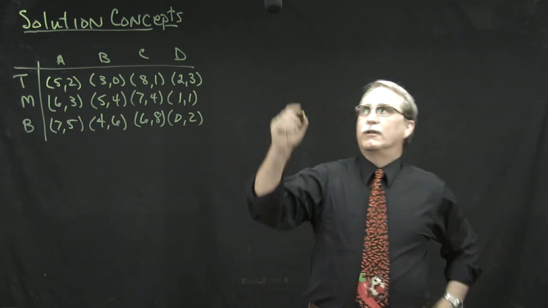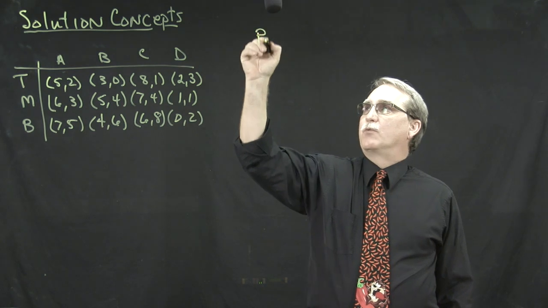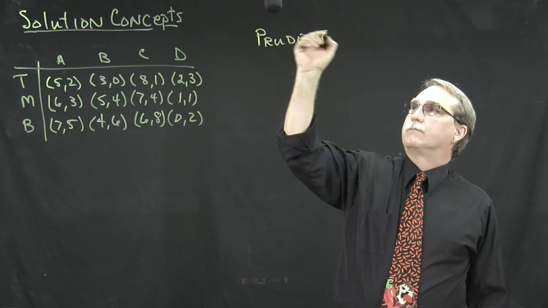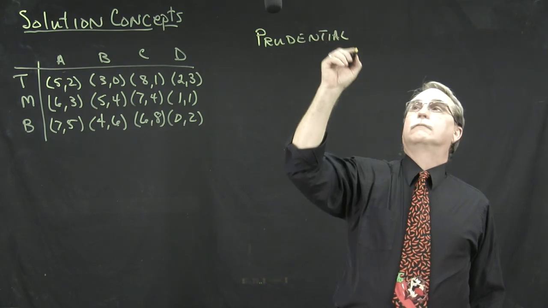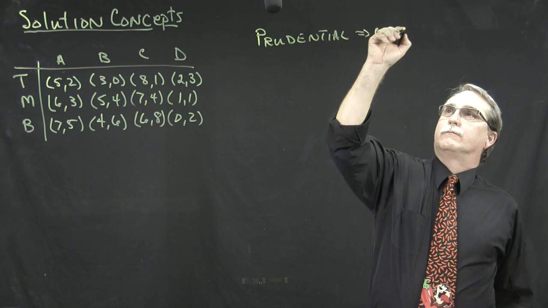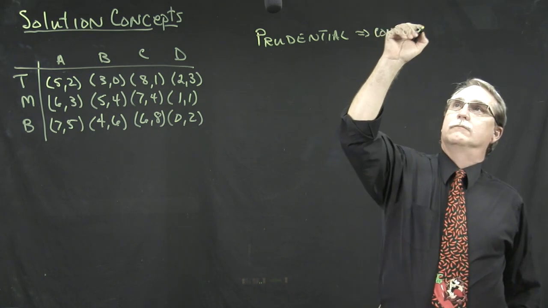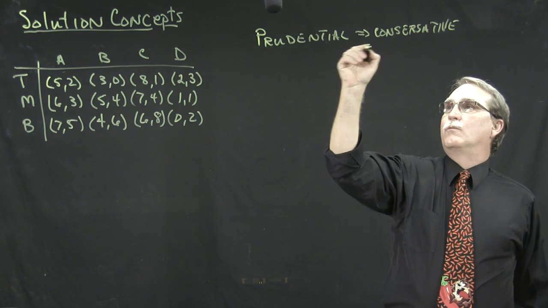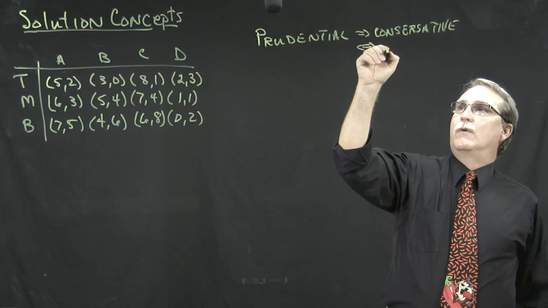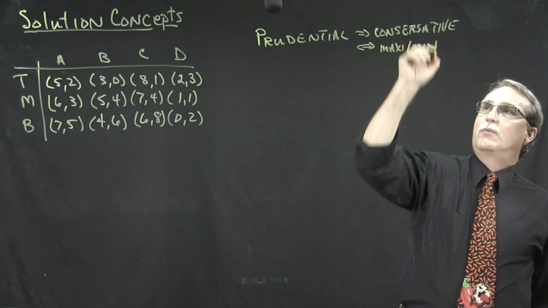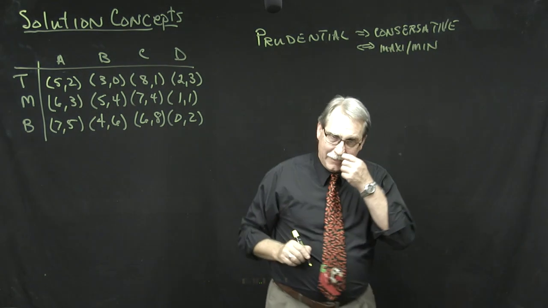The first solution concept that I'd like to introduce is prudential. Prudential strategies are conservative. And by that we mean that they want to maximize the minimum that a player will get as a payoff.